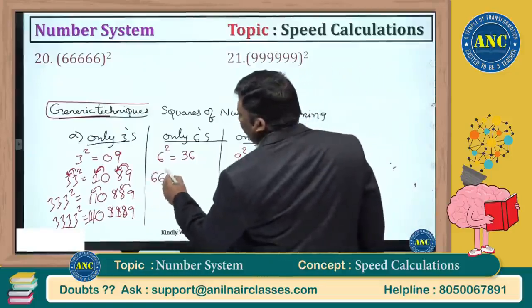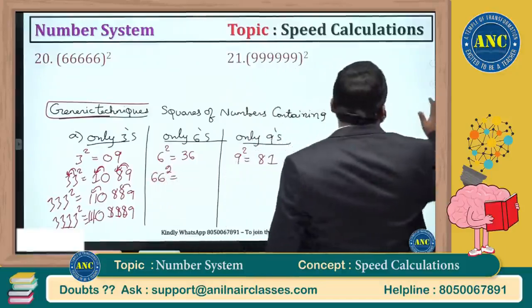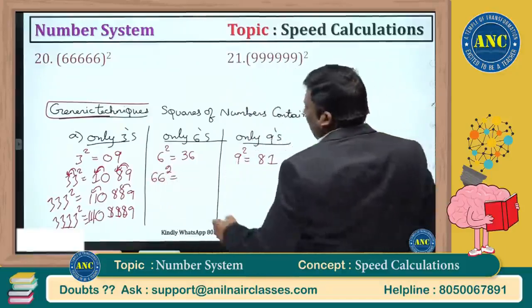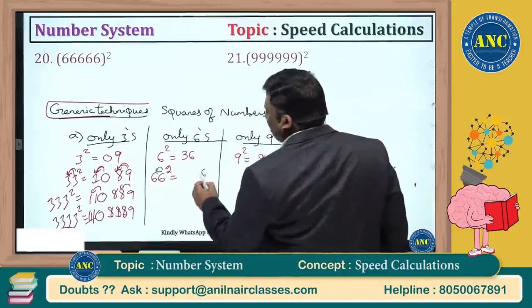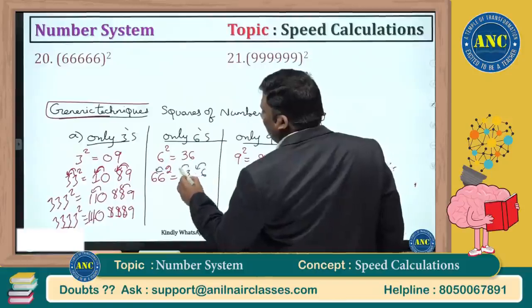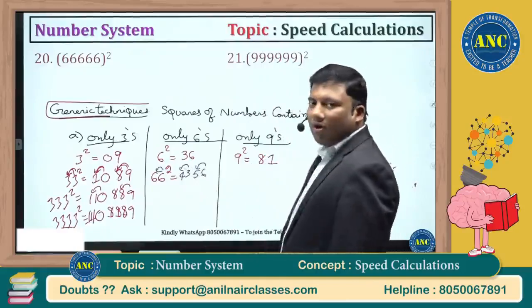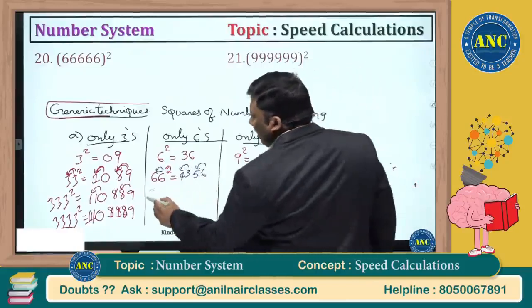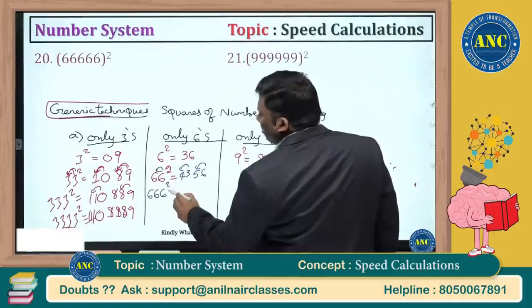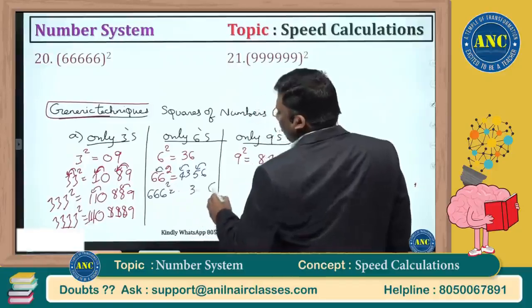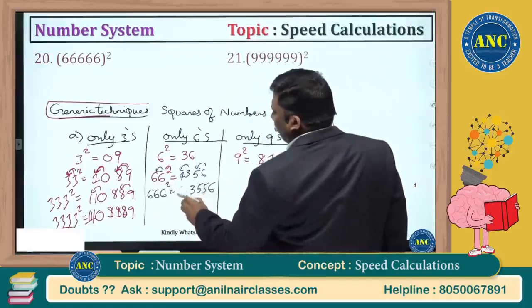66 square. Before 6, I am adding one more 6. So before 6, one digit will come; before 3, one digit will come. These are 1 less than 6, these 1 more than 3. 666 square: before 6, two 6s are added, so 1 less than 6 and 1 more than 3.